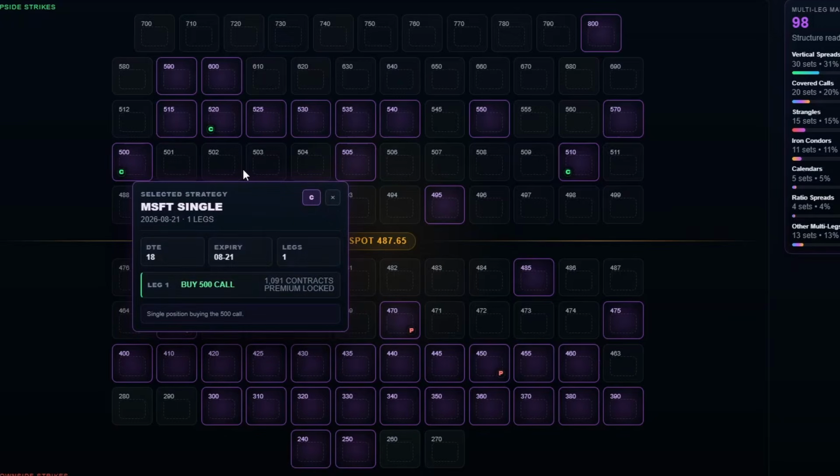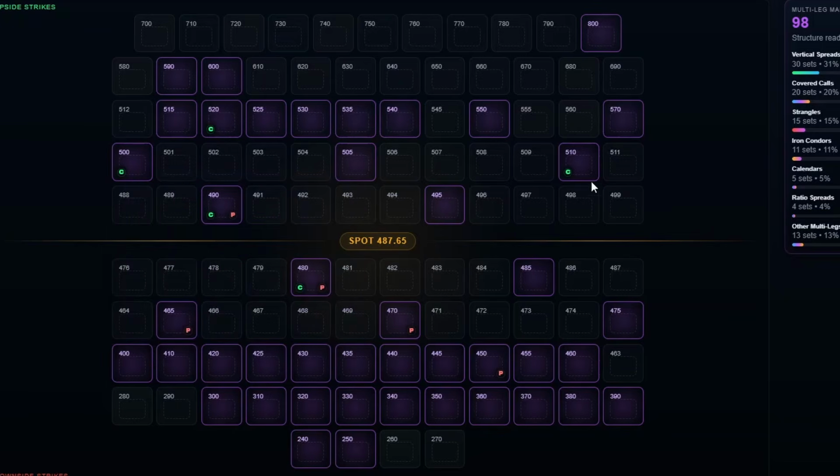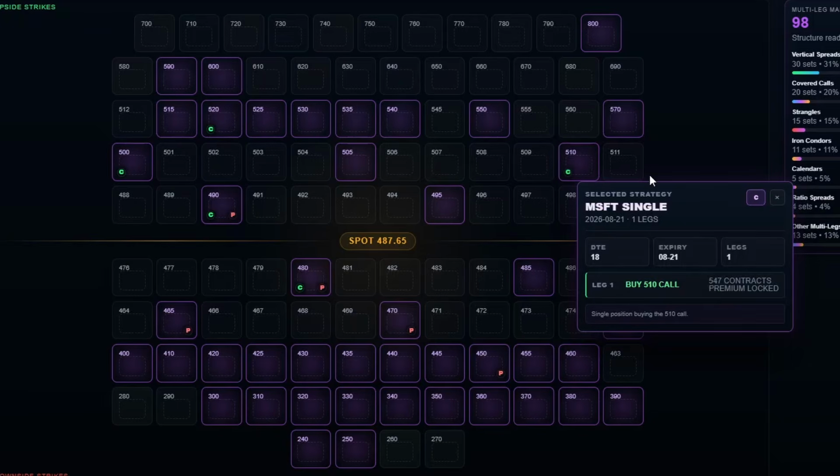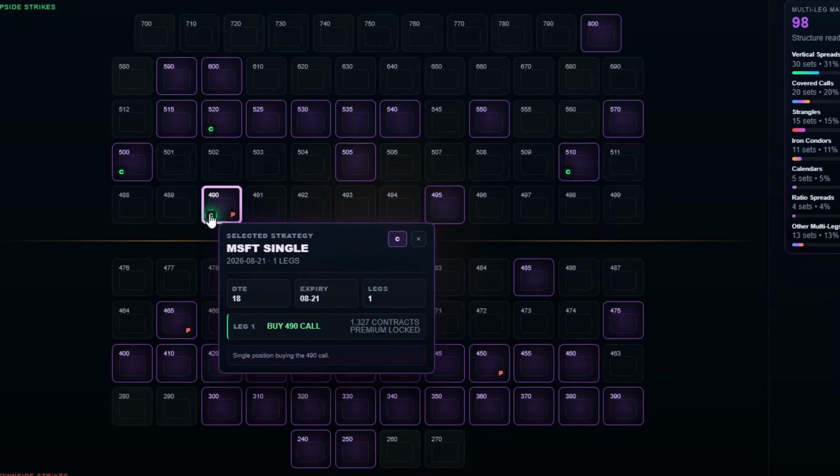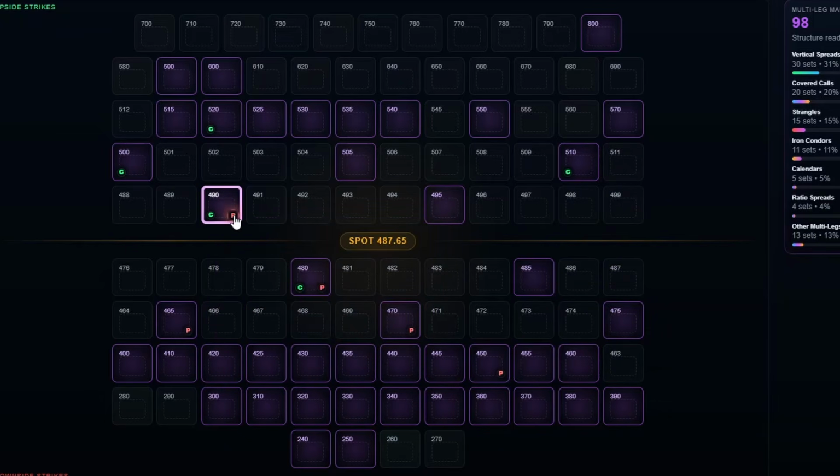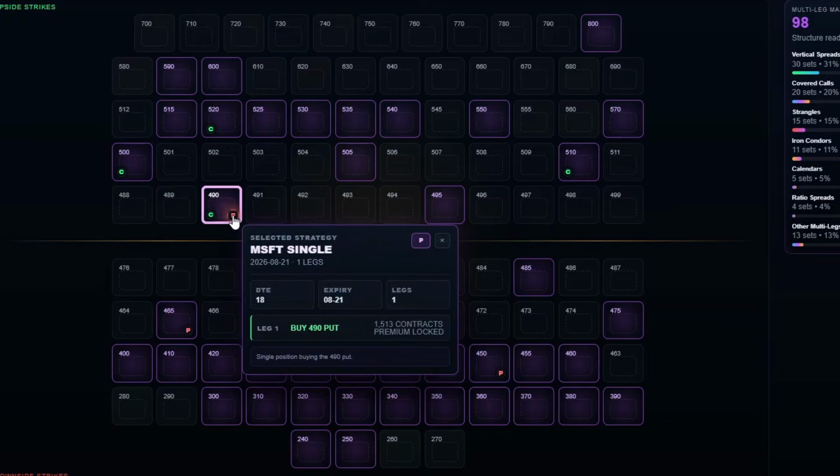That's a bullish position right here, huge position, betting that the stock will go past 500 in the next few weeks. This one as well. Yep, huge position, also bullish. Now that one, this is actually a put position.